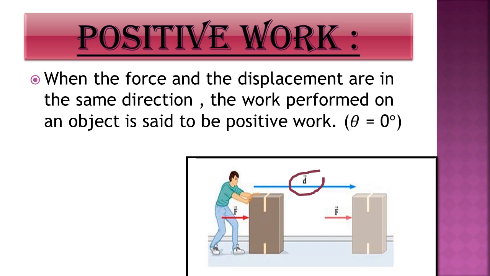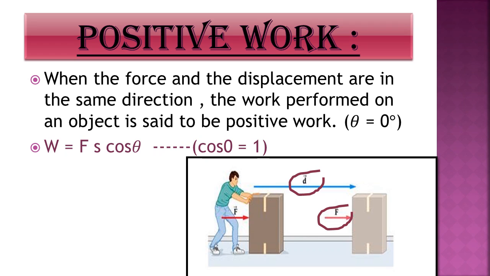Now, this is a displacement and force, both in the same direction. Now let's put theta equal to 0 degree. Student, you know that the formula to calculate the work done is W = F S cos theta. Here F stands for force, S stands for displacement and W for work done.